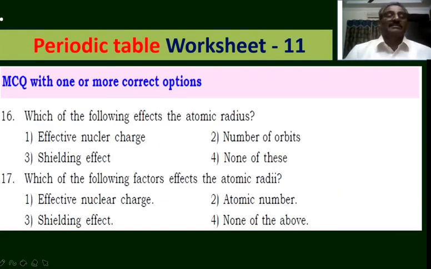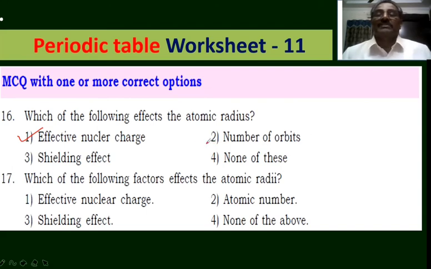Next, 16th question. A few questions are multiple choice questions with one or more correct options. 16th question is, which of the following affects the atomic radius? Effective nuclear charge affects the atomic radius. If the effective nuclear charge increases, atomic radius decreases. So first one is right.